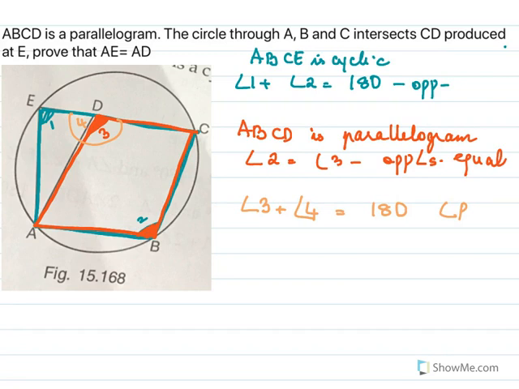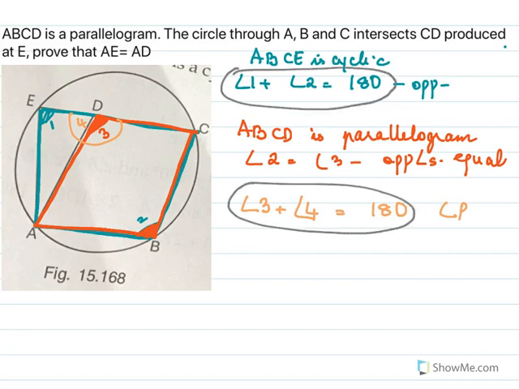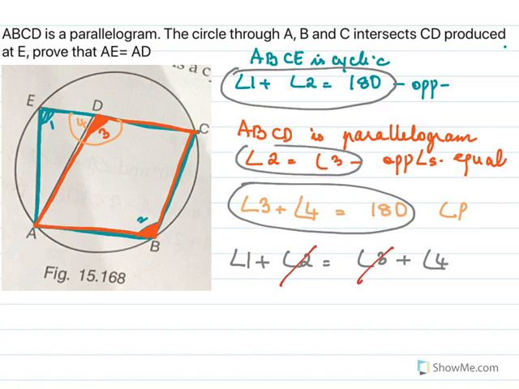Now I'll take two of them together. I know this is 180 and here also is 180. So I get angle 1 plus angle 2 equals angle 3 plus angle 4. But 2 and 3 are equal, so I cut 2 and 3, because it's given here that 2 equals 3. So I get angle 1 equals angle 4.